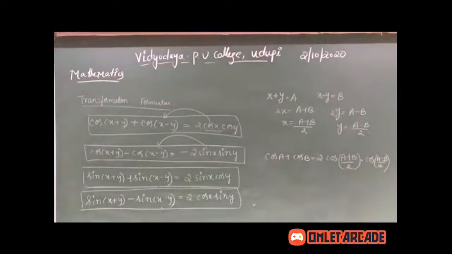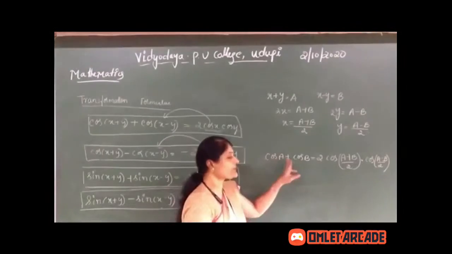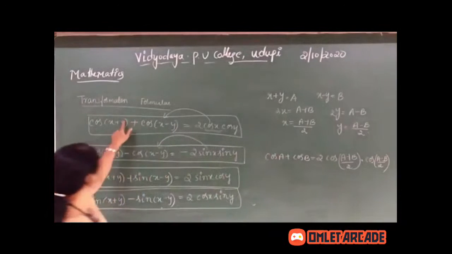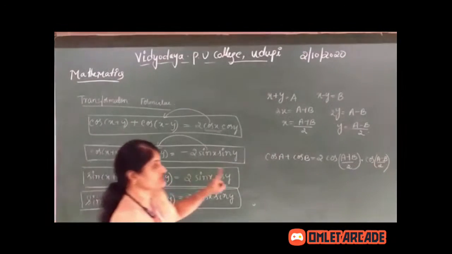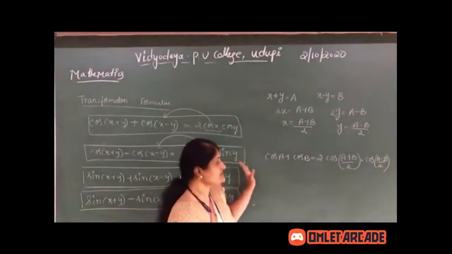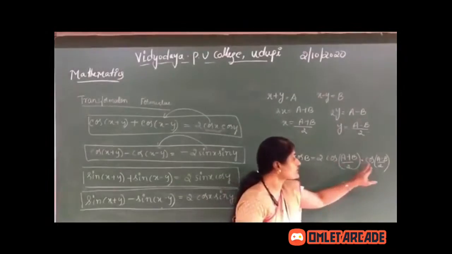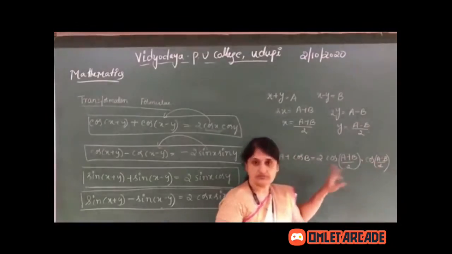Very important one. Whenever it is given in this form, cos a plus cos b, don't expect it to be the product every time. Instead, it will be given as cos a plus cos b, the sum. It is expressed as a product of the half angle sum and the half angle difference of these two.